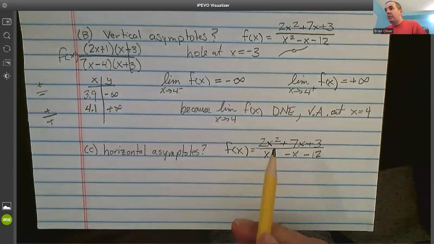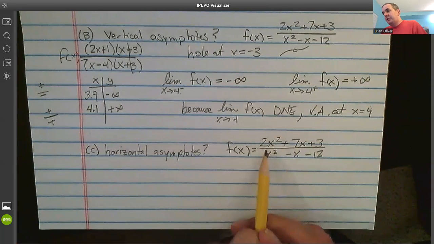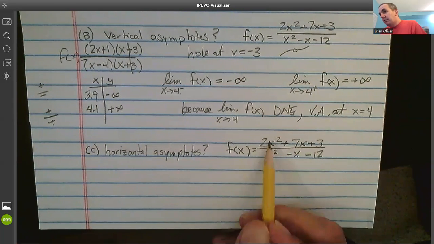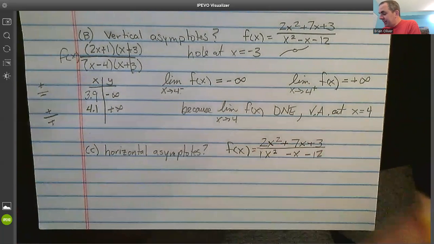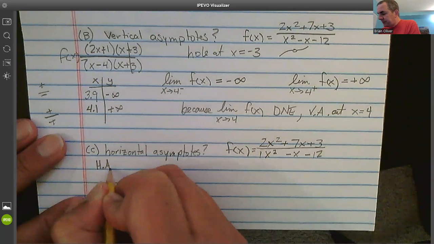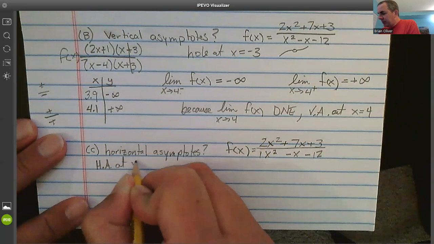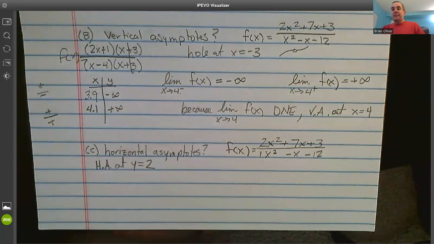So yes, I agree. The degrees are the same. The degrees being the same means it's a ratio of the top to the bottom. So I understand where people are coming from, that there's a potential horizontal asymptote at y equals 2. That is true, but it's not because the numerator and the denominator's degree is the same.